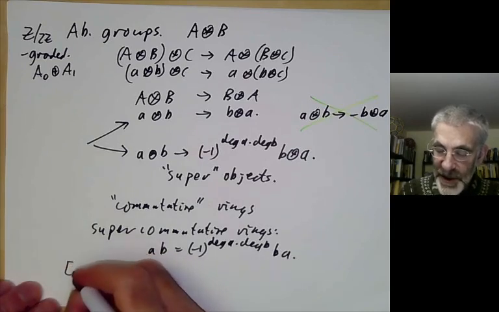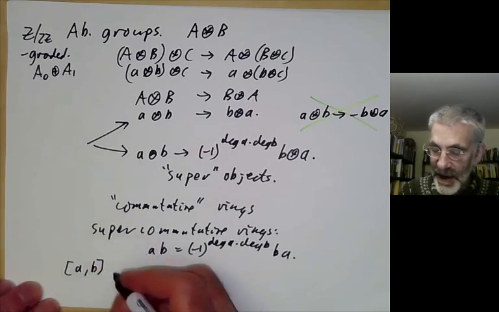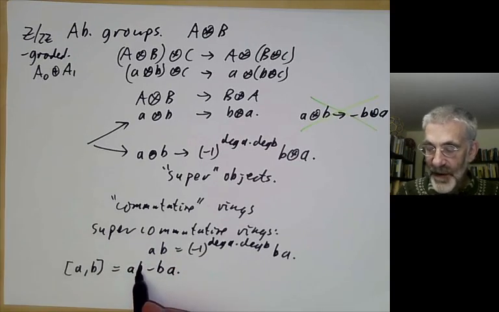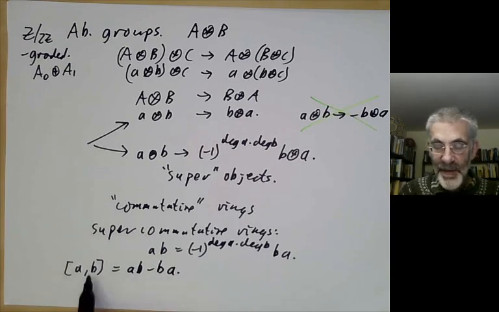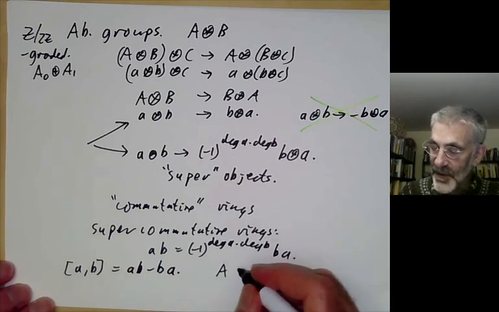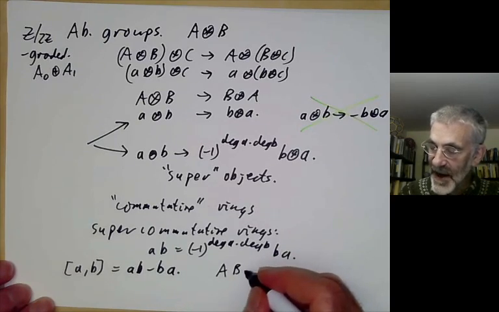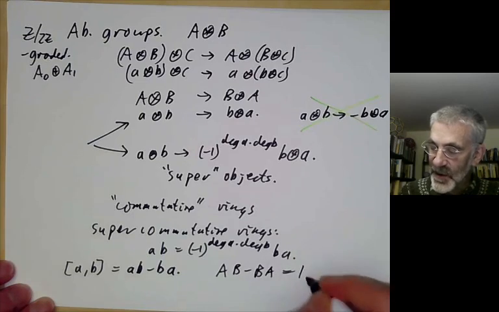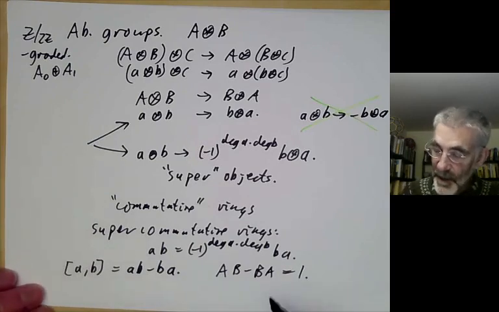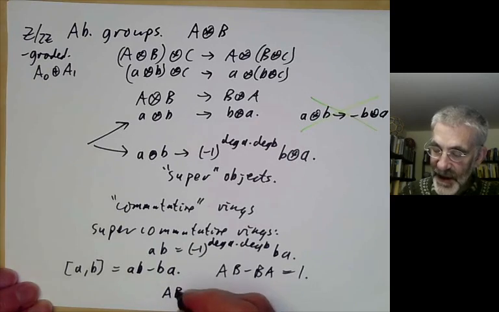The usual commutation relation of a Lie algebra gives us AB minus BA. So whenever you have an expression like AB minus BA appearing, you're working with ordinary Lie algebras. And in quantum mechanics, you had things like a position operator and a momentum operator, which satisfy AB minus BA is equal to 1. When physicists started working with fermions, you discover you get creation and annihilation operators which satisfy AB plus BA equals 1.